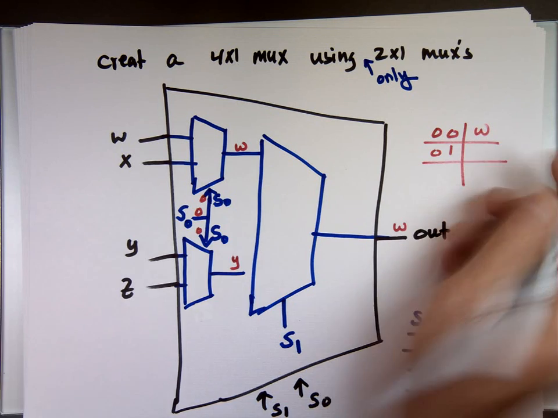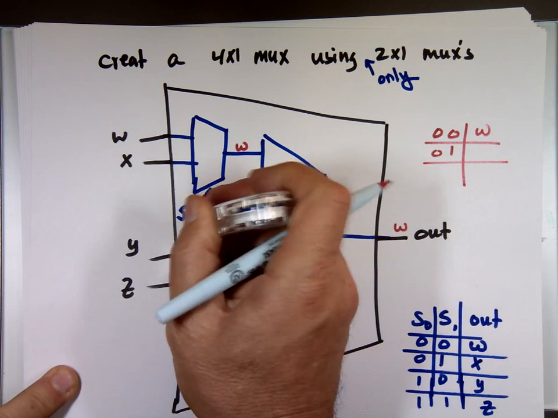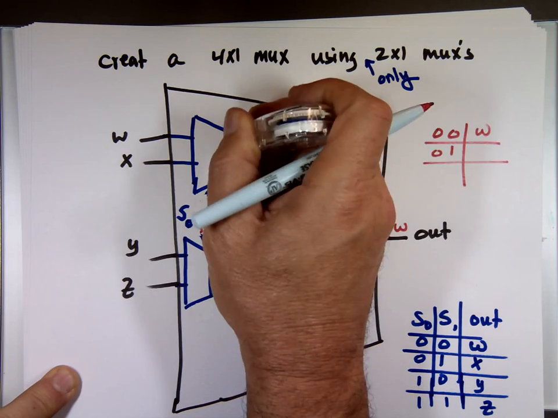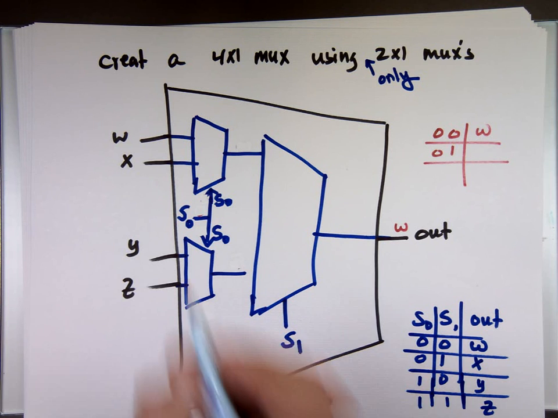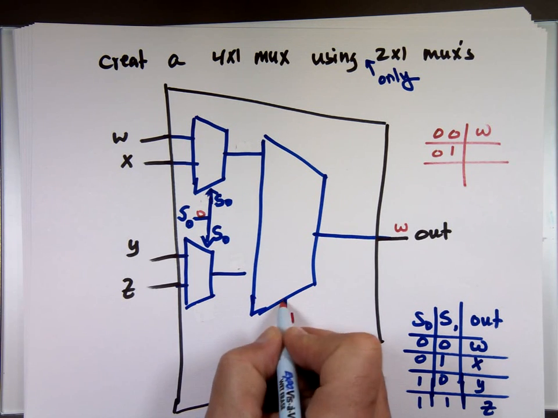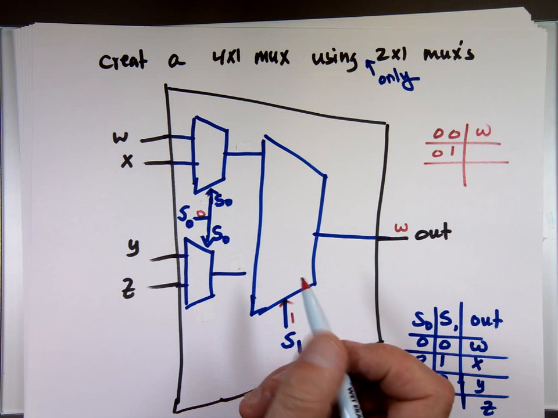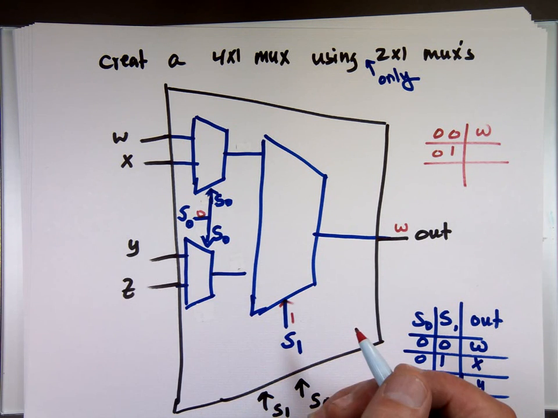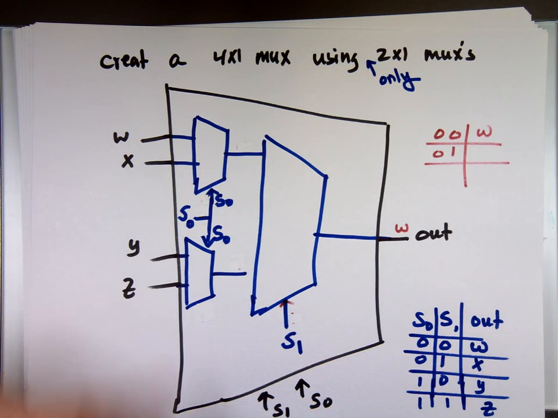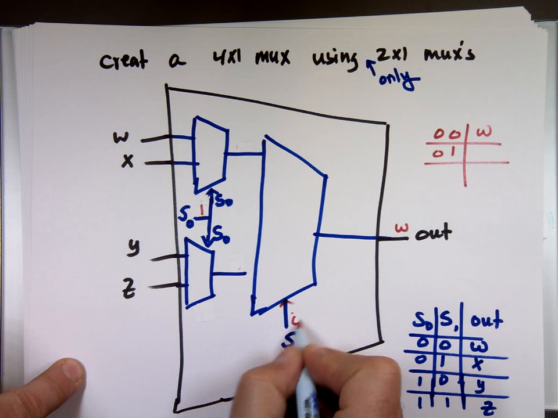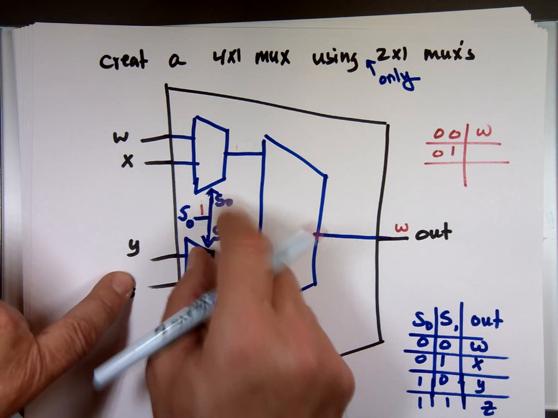Let's try 0, 1. There we go. 0, 1. So this is 0 and this is 1. When this is 0, actually I'm backward. This is 1, 0, right? S1 is the most significant. So 1, 0. When this is 1, that's 1 going to both of these.